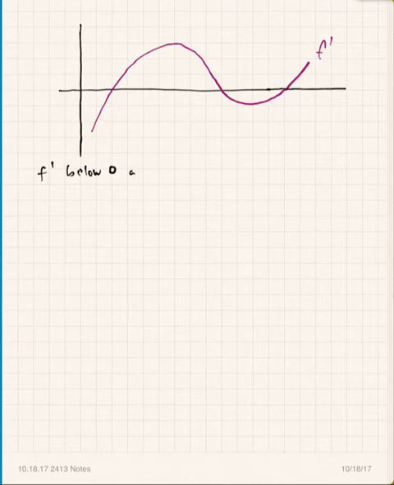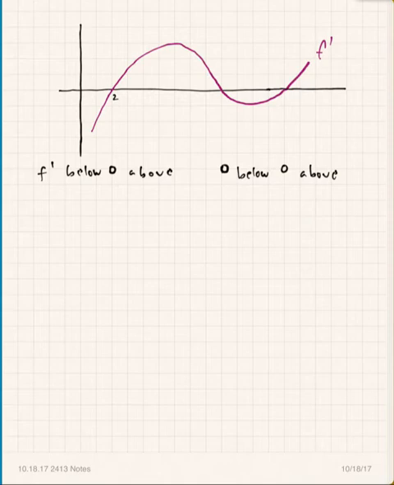Then the graph shifts to above the x-axis until you get to 9, and then the derivative is 0 again. Then the graph is below the x-axis until you get to 13, and then it's 0 again, and then it's above after that.